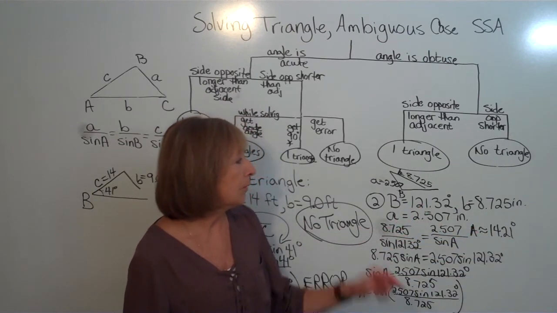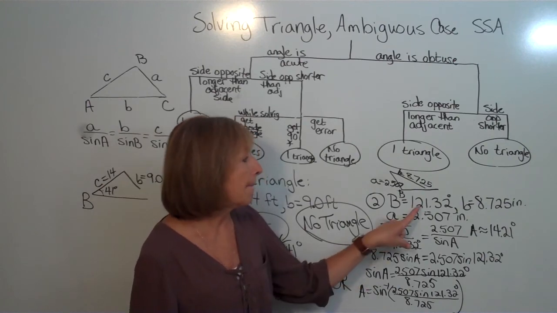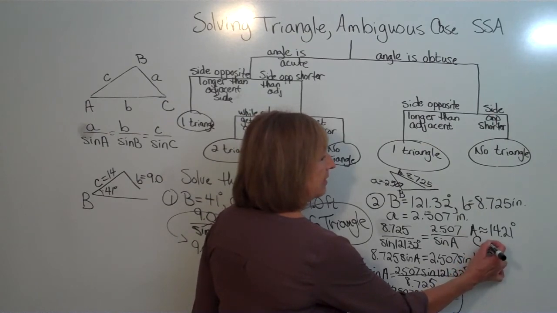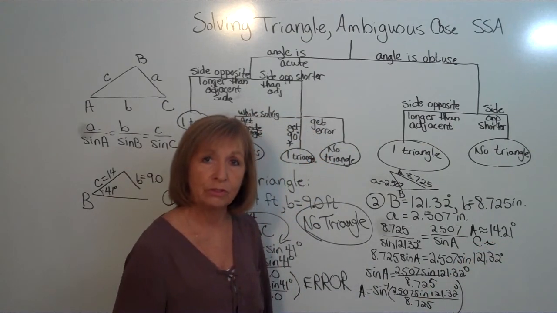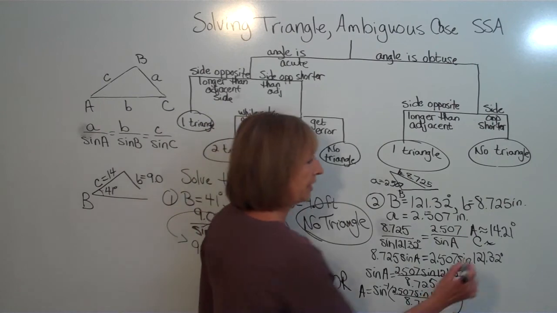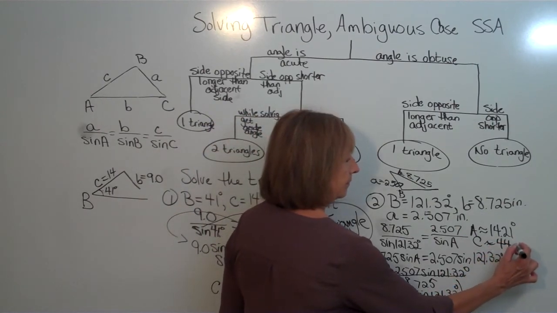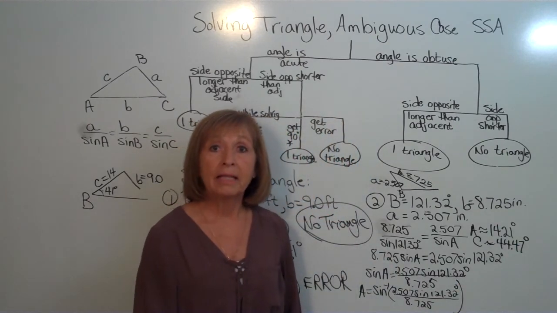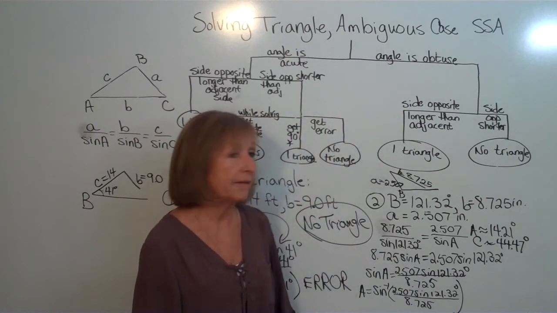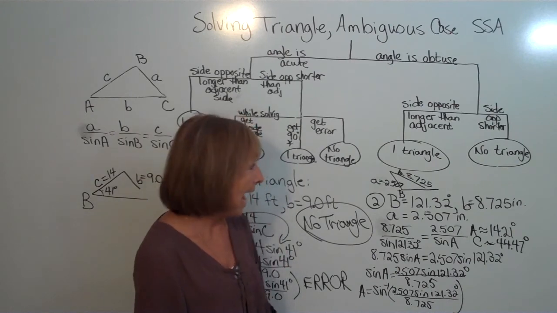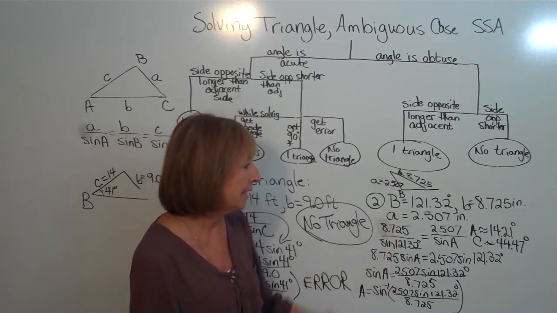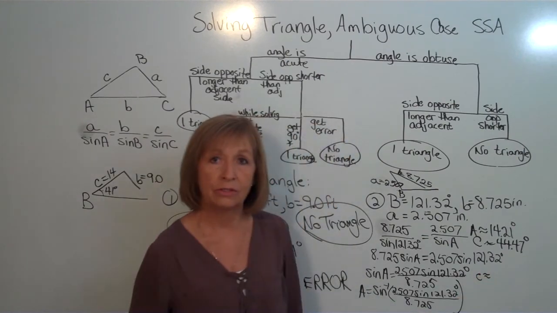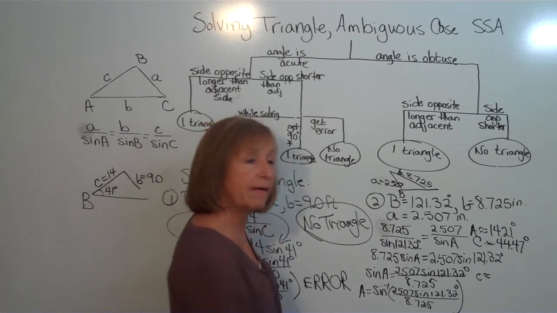So I can take 180 degrees minus the sum of these 2 angles, and I'll get that angle C is approximately equal to 44.47 degrees. And then I'll apply the law of sines again, where I have C is to the sine of C as B is to the sine of B. And we'll get side C is approximately equal to 7.155 inches.